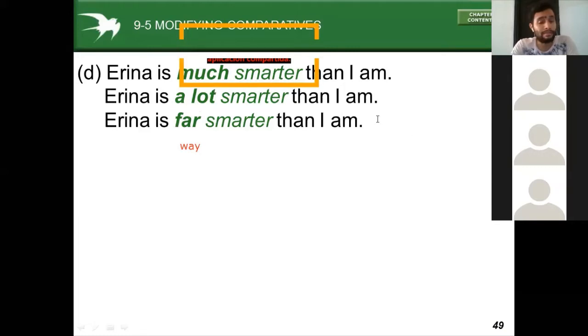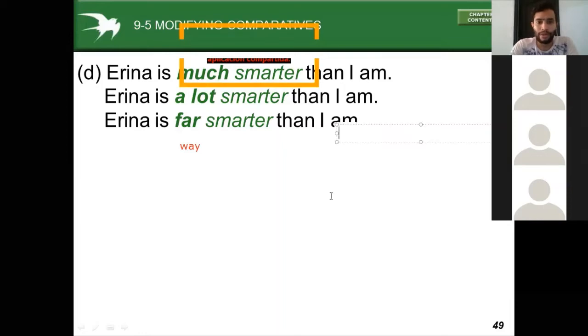Irina is a lot smarter than I am. Or Irina is far smarter than I am. Or Irina is way smarter than I am. All of those four, as I told you before, give intensity, like mucho más inteligente que.